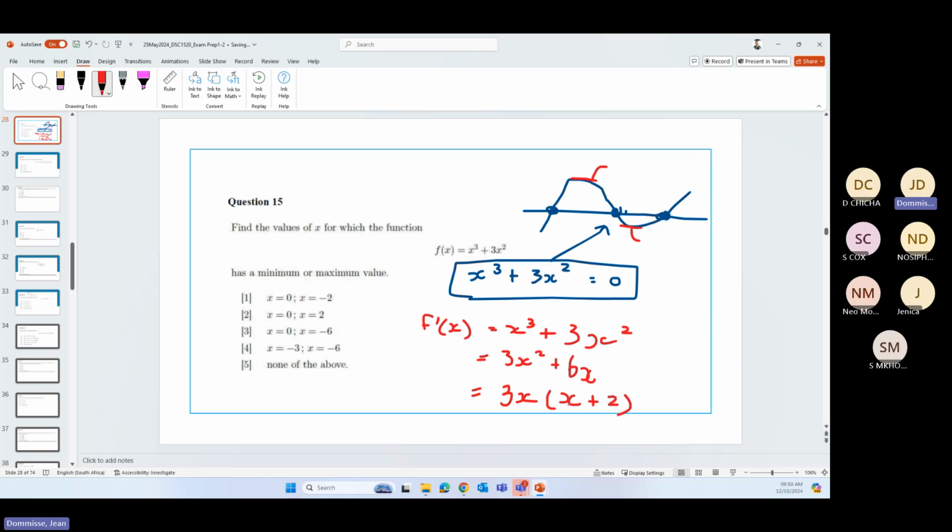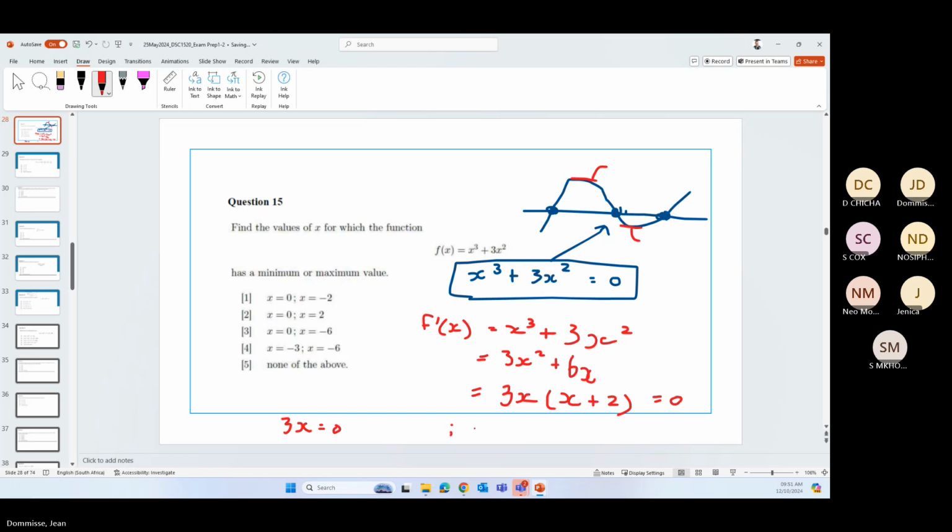So let's just make sure we've got this right. 3x times x is 3x to the power of 2. 3x times 2 is 3 times 2 is 6. So 6x, so that is at least correct. So that then is equal to 0. So the differentiated formula is equal to 0. So then we have 3x that needs to be equal to 0.